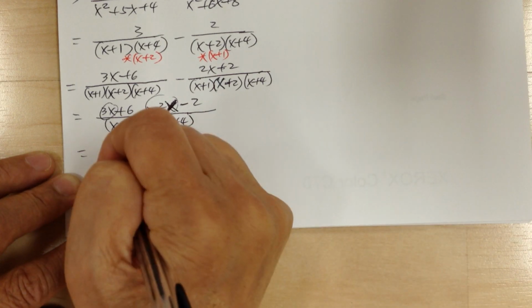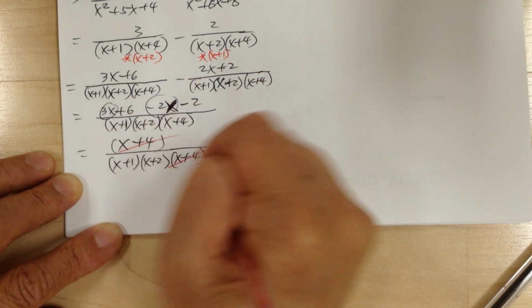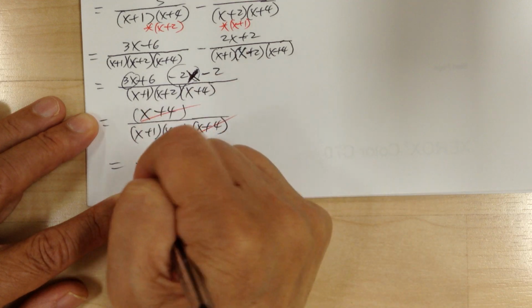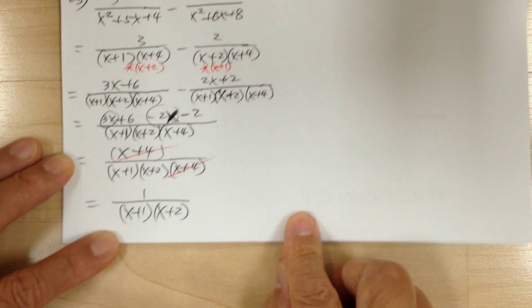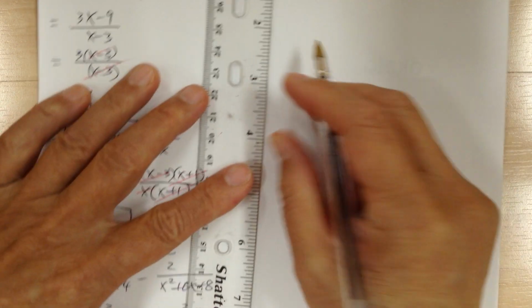You have x plus 4 and x plus 4, so you can cancel these out. So your final answer would be 1 over x plus 1, x plus 2. Okay, let's go to the next one.